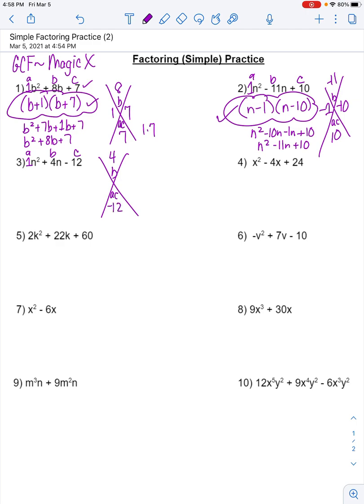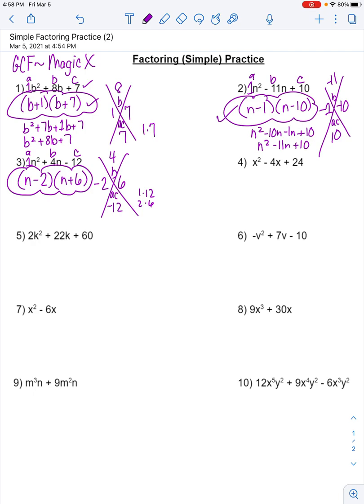So let's do our factors of 12. 1 times 12, 2 times 6, and I'm going to stop there because if I make the 2 negative, 6 minus 2 is 4, and negative 2 times 6 is negative 12. So my factors are n minus 2 times n plus 6. So I've now completely factored number 3.